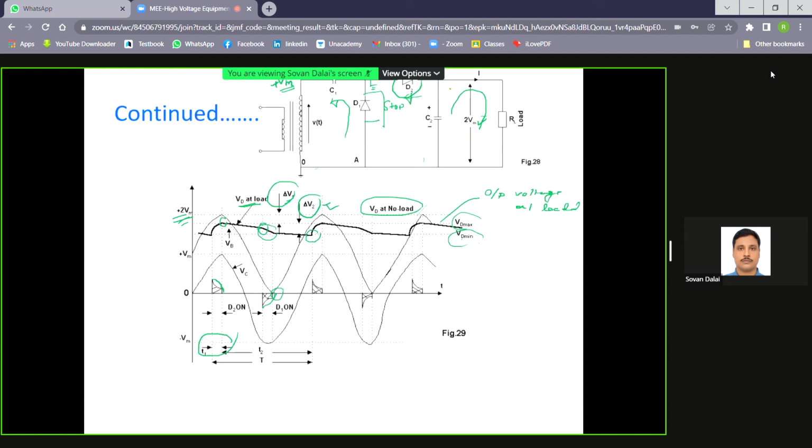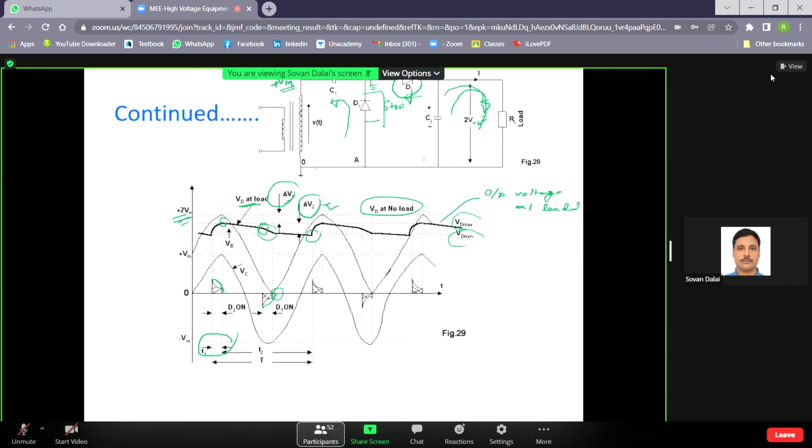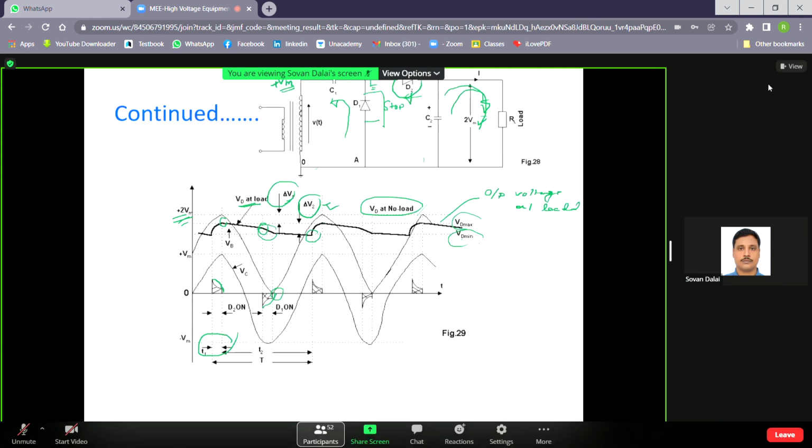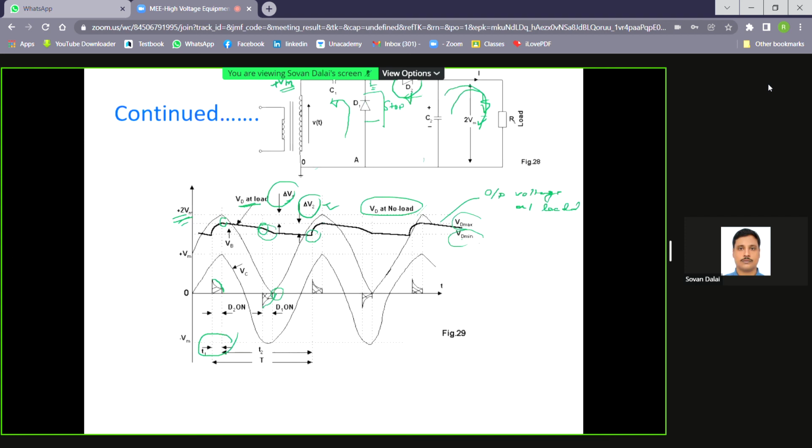C2 was continuously discharging through this path, but due to the presence of B at earth potential in that condition, the minority carrier current will be somewhat drained out from D to B. Before, this minority carrier current had no place to flow. Now due to the conduction of D1, point B is at zero or earth potential, so some current is not only flowing from this side to this side, some current is flowing from D to B due to its minority carrier.